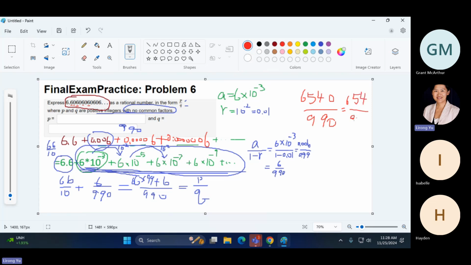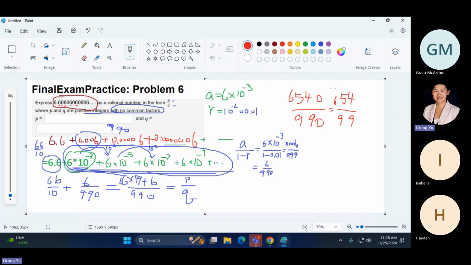654 over 99. They all look like they're multiples of 3, so we divide by 3. The denominator divided by 3 would be 33. The numerator divided by 3 would be 654 divided by 3, 1 and 8, so 2 and 8.